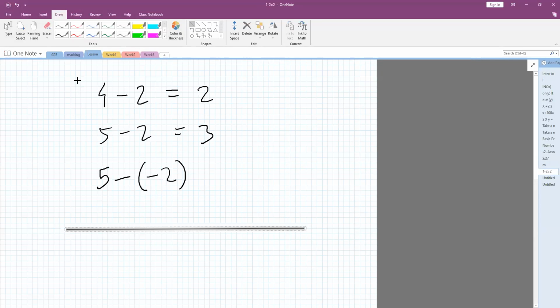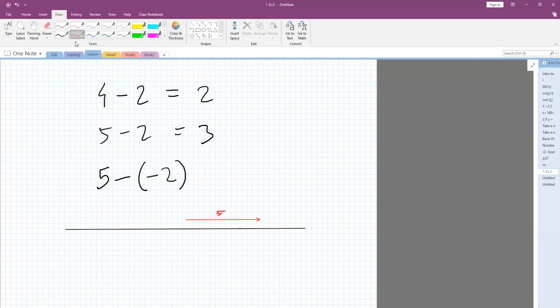So remember the number line that we had before? When you have plus 5, positive 5, yeah? What happens is you have an arrow to the right, and the length of it is 5. Okay.